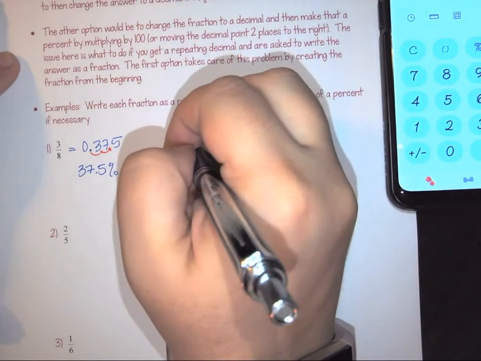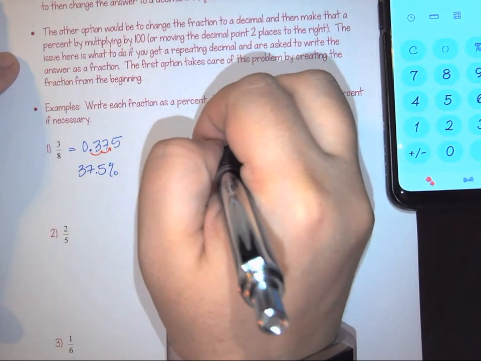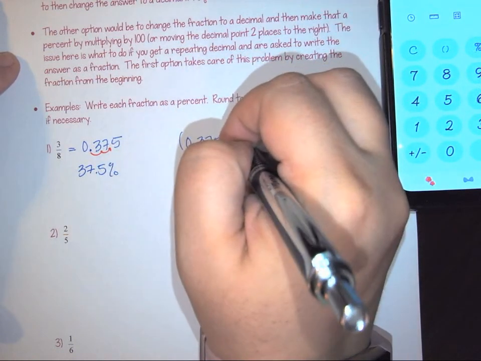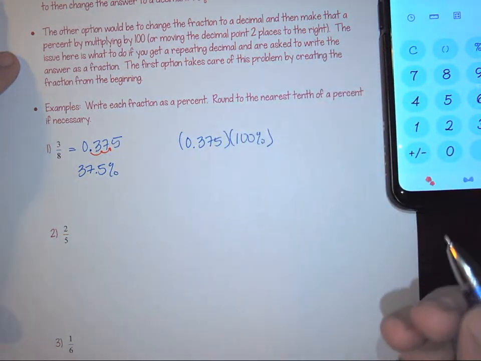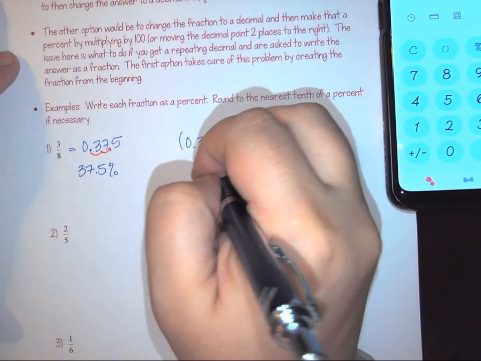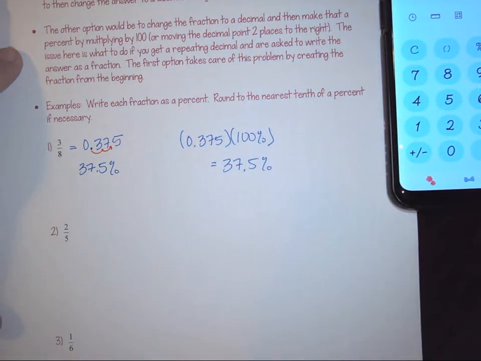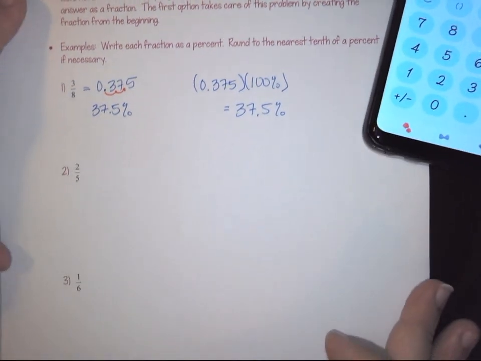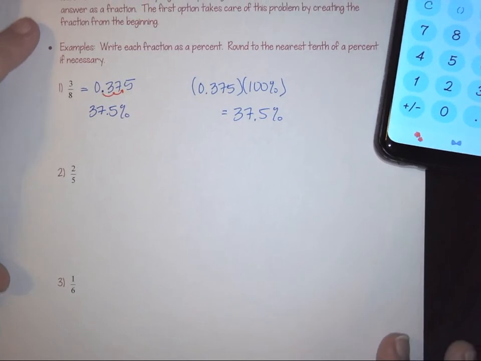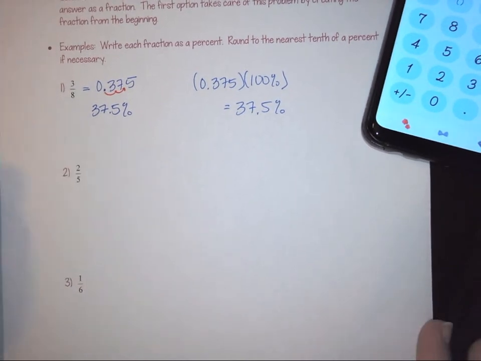Or the second way is to take your decimal, multiply it by 100%, which is going to give you the same result. You're still going to end up with 37.5%. Okay? And it's just as simple as that. So here I would do the same thing again.